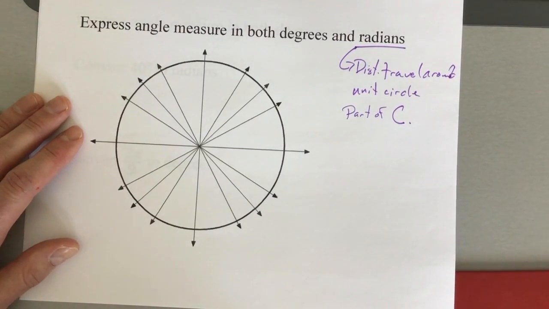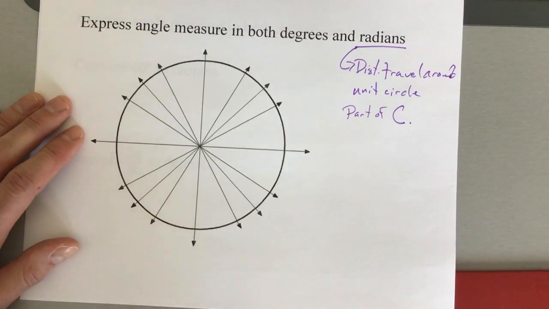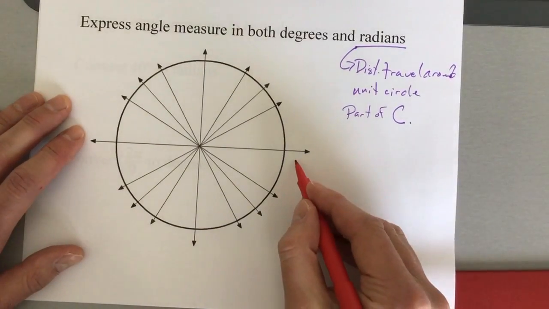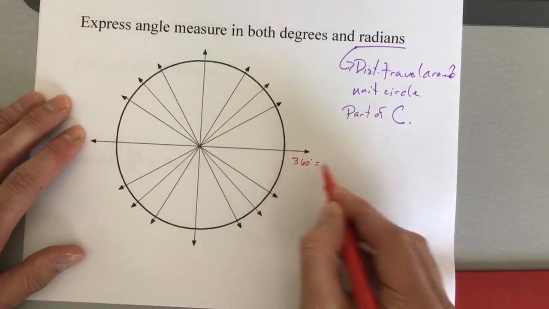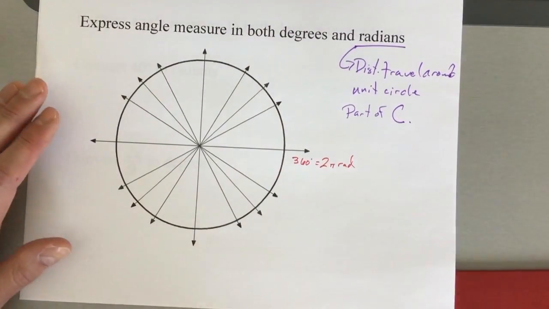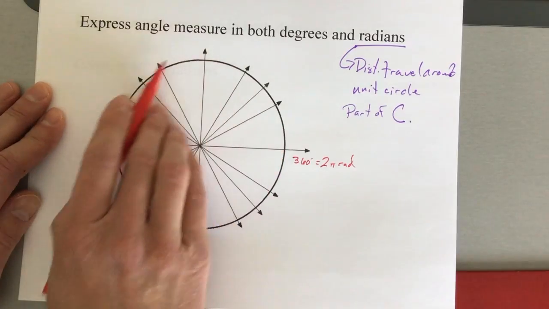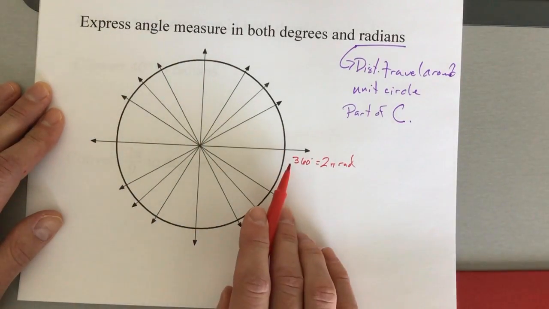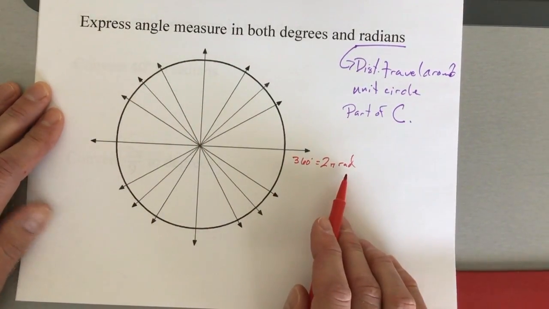Since that circle has a circumference of 2 pi, that means an angle that measures 360 degrees is equivalent to an angle that measures 2 pi radians. Because if a point travels all the way around the unit circle's circumference, it has traveled a full 2 pi in distance.